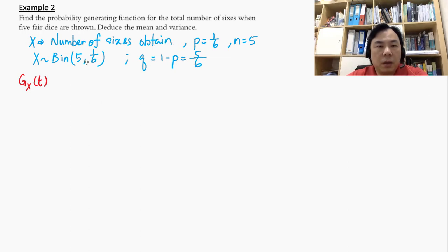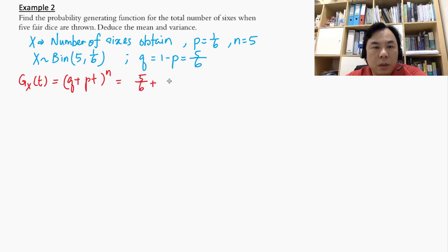So when five fair dice are thrown, how many sixes are we getting here? If you still remember, it is given by (q plus pt) to the power of n. Therefore that is 5 over 6, plus p, which is 1 over 6, t, to the power of 5 here.